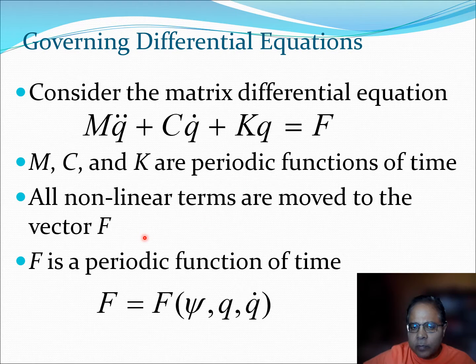And also there may exist nonlinear terms, and all these nonlinear terms are moved to the right hand side into the force vector. So remember that if there are any linear motion dependent terms involving q double dot, q dot, or q, they are all moved to the left hand side of the equation, and so what's left on the right hand side are the nonlinear terms.